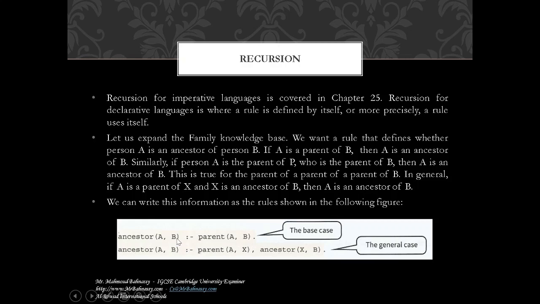So consider that A is the parent of B. That means A is the ancestor of B. So A is the ancestor of B if A is the parent of B. And the same idea applies if we have someone in between A and B. So if A is the parent of X and X is the ancestor of B, that means, of course, A is the ancestor of B.